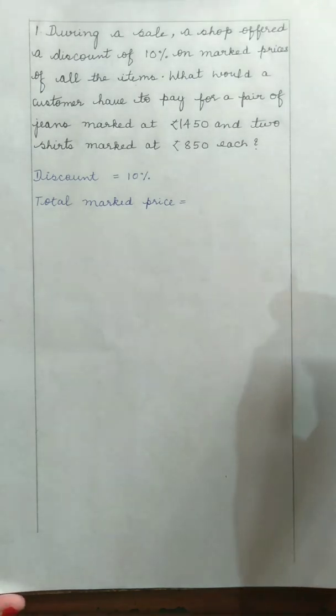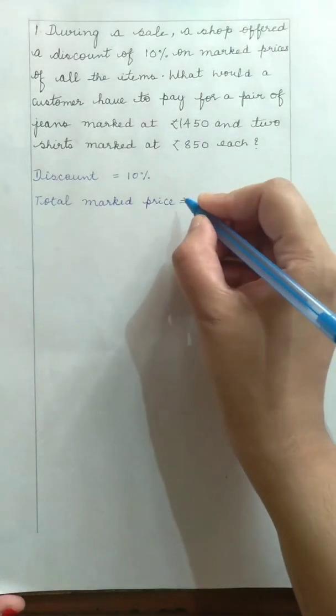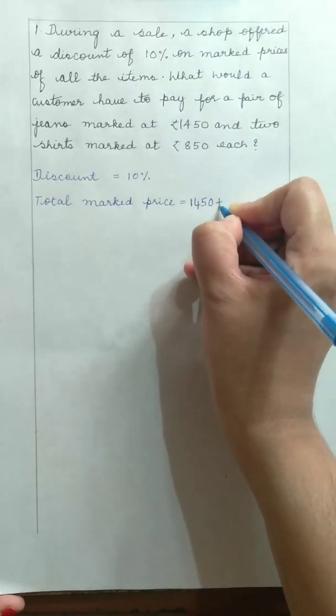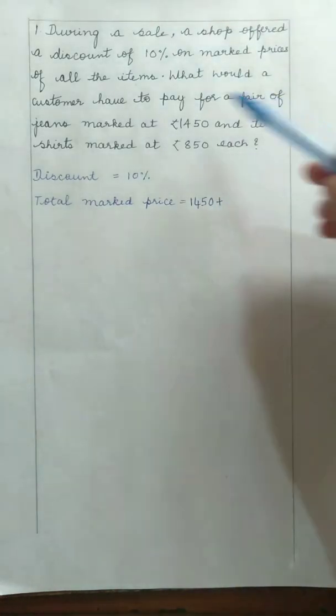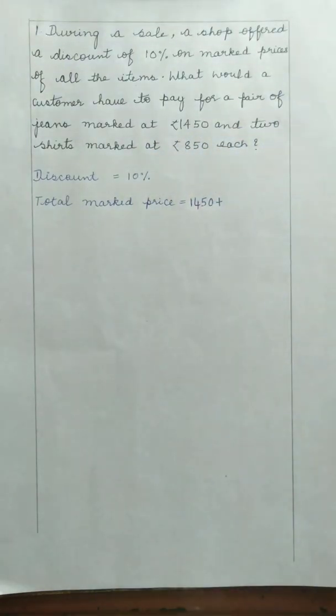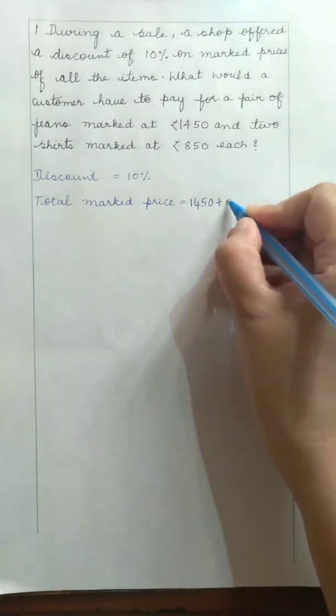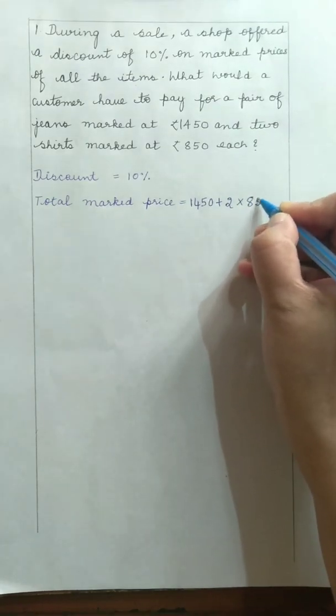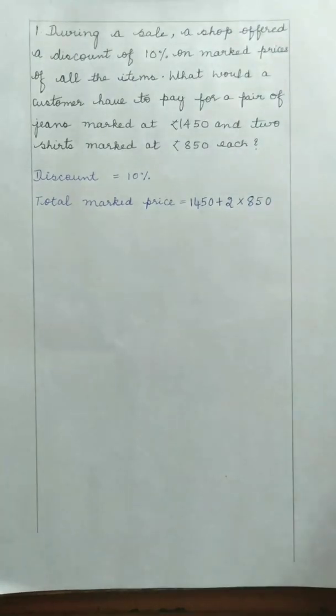Therefore, children, for a pair of jeans, it is rupees 1450. Total means we have to add, and two shirts marked at rupees 850 each. So children, how many shirts did the customer purchase? Two shirts costing rupees 850 each. Therefore, 2 into 850.